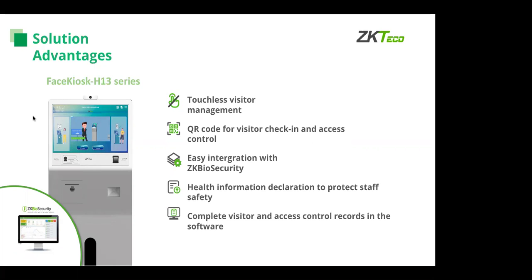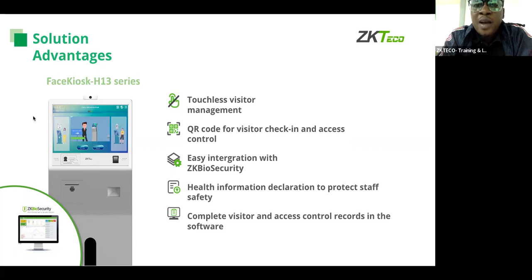Okay. So basically, if you have elevators that can be integrated with any control systems, by this I mean new elevators with control buttons. There are some elevators that have NO and NC control buttons. If we have elevators like that, I think they are the new elevators out there now. All you need to do is get our controller, because our controller is what will be talking to the biosecurity.